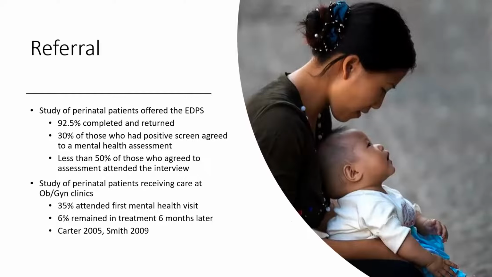Okay, and then this study is really about the fact that our traditional screen in an OB setting or primary care setting, where we identify depression, and then give them a phone number and ask them to follow up with a mental health provider, has some major limitations, and actually the vast majority of the time does not result in treatment.